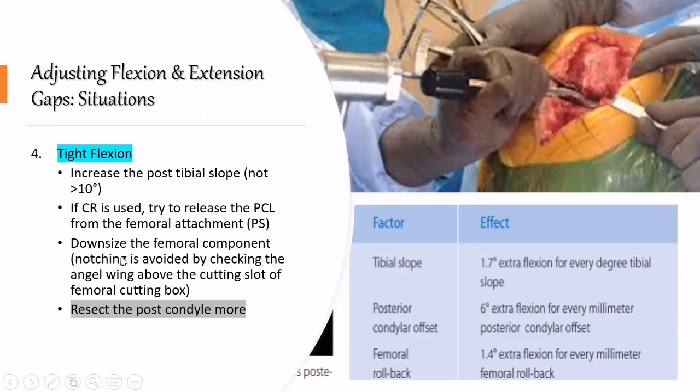And you remember how to avoid notching when downsizing, by checking the angle wing above the cutting slot anteriorly without notching the anterior cortex. And then, if it is still tight, resect the posterior condyle more. And these are the factors that affect the flexion gap regarding posterior condyle offset and the femoral rollback.